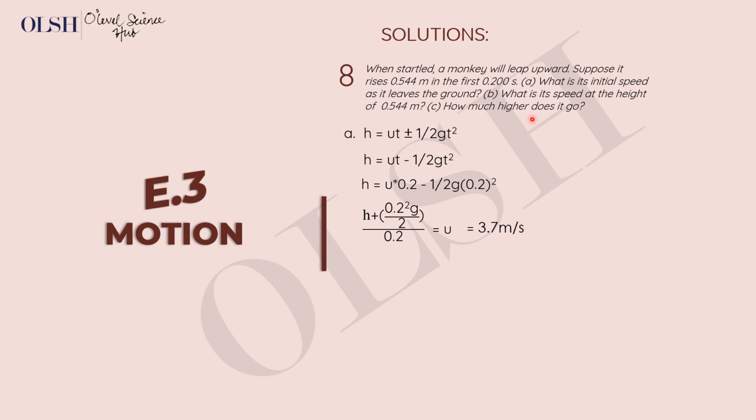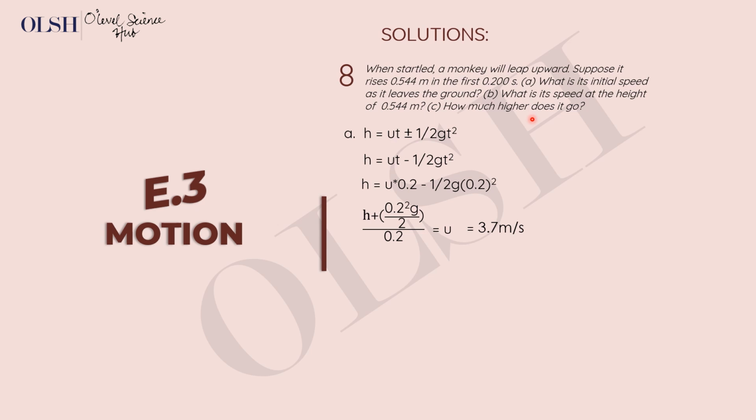We already have our initial velocity, which is 3.7 meters per second, the acceleration due to gravity, and the height, which is 0.544 meters. What we're looking for is the final velocity at that height.